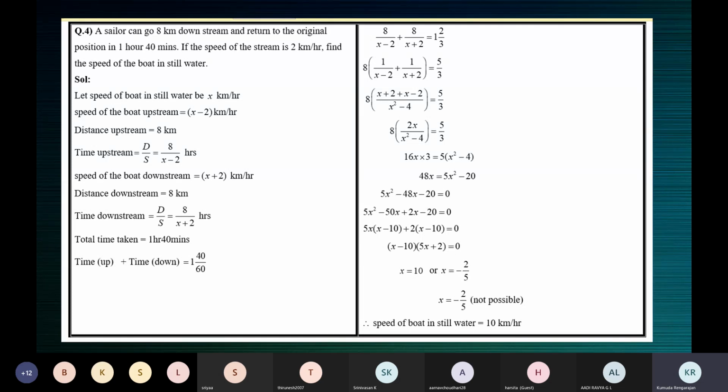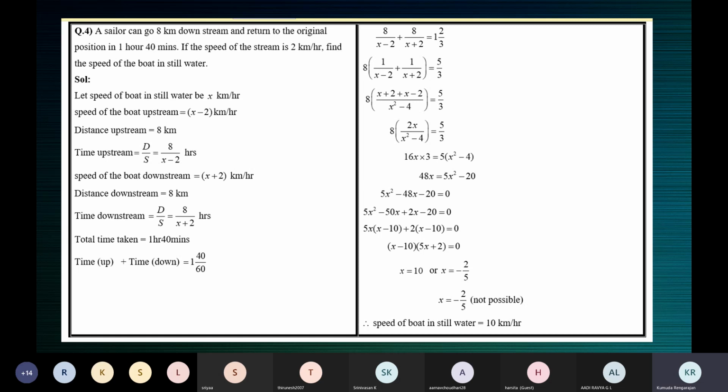Then find the time taken to go 8 kilometers upstream.